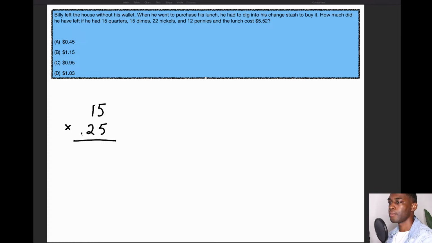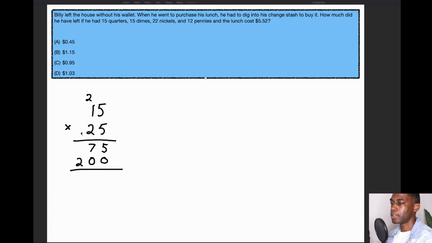So 5 times 5 is 25. 5 times 1 is 5, plus 2 is 7. We put our placeholder 0 like we always do. 2 times 5 is 10. 2 times 1 is 2.